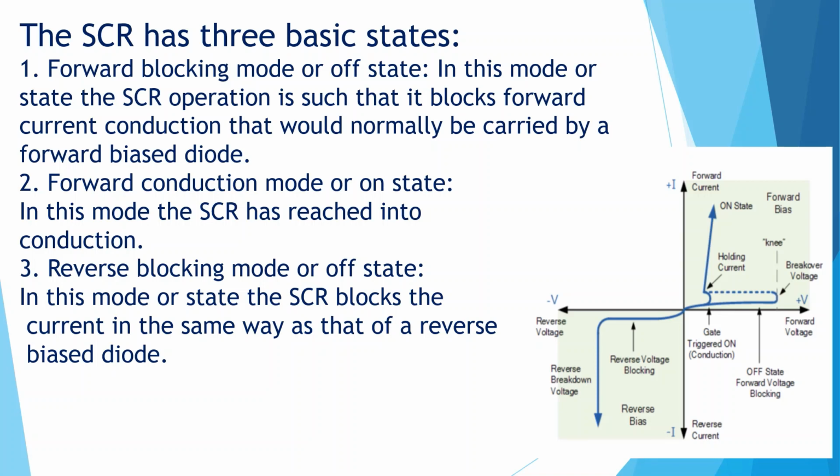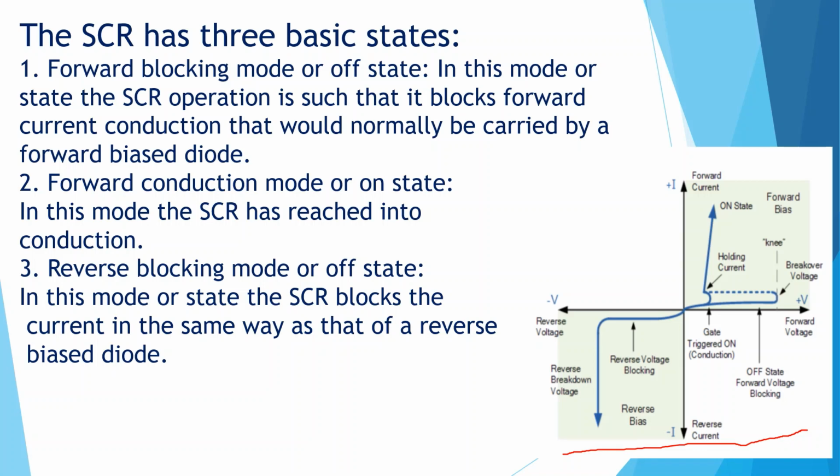Now the last point, VI characteristics of SCR. This is as shown here. This is the VI characteristics of SCR. When gate is open, that is Ig is equal to 0, anode to cathode voltage, that we specified as VAK of SCR, is slowly increased from 0. Initially very small anode current is obtained due to minority charge carrier.